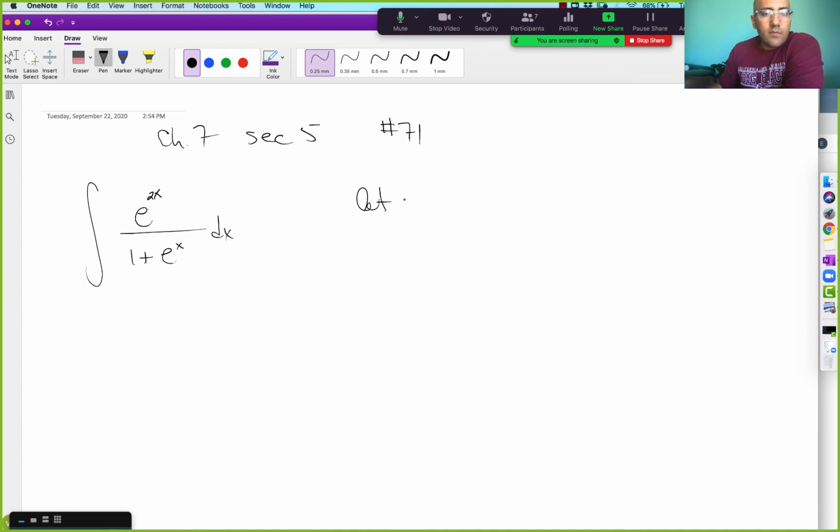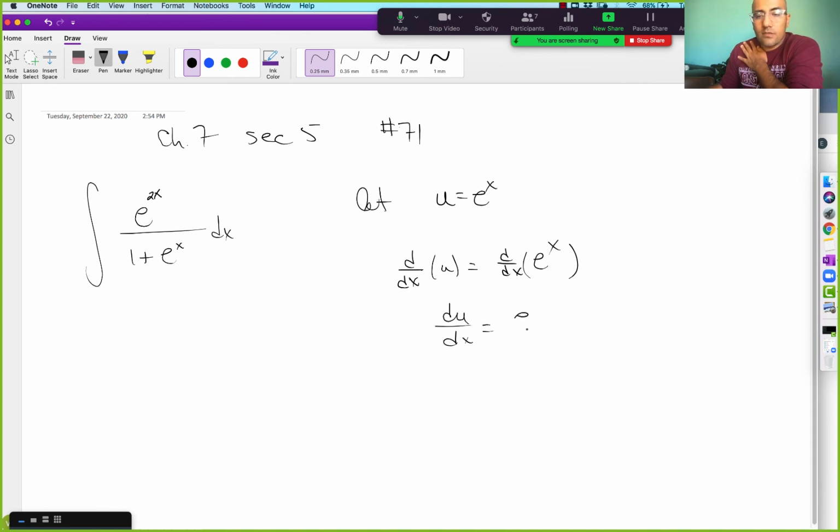So let's try something here. Let's let u equal to e to the x. So first thought is, if I do that, then d/dx of u is equal to d/dx of e to the x, right? And so we end up with du/dx equals e to the x. So du equals e to the x dx.